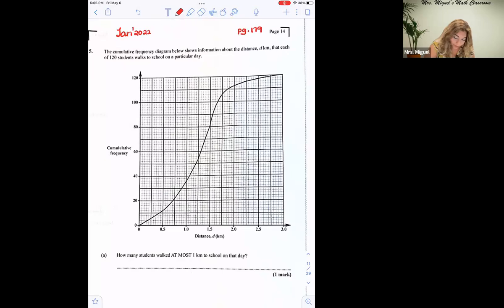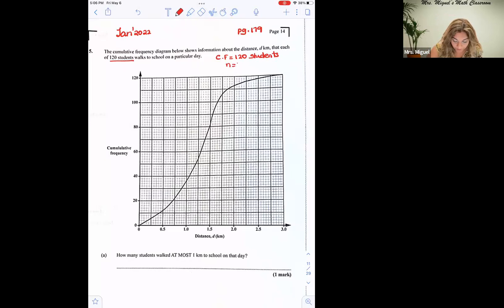For those of you who don't have the question, you could follow along on my screen. The cumulative frequency diagram below shows information about the distance that each of 120 students. So underline 120. 120 is what we call the cumulative frequency. So you could write that.